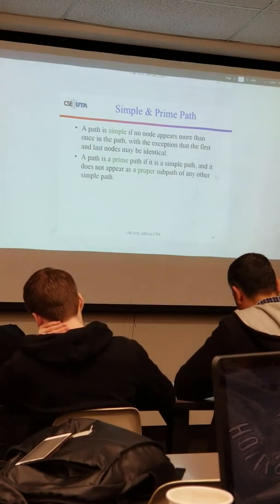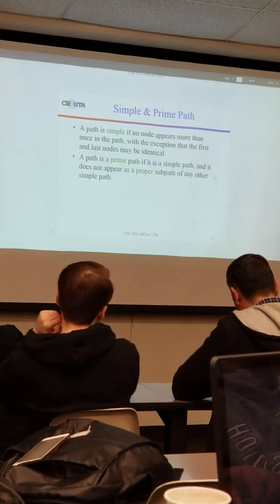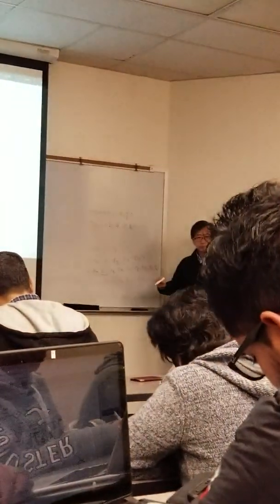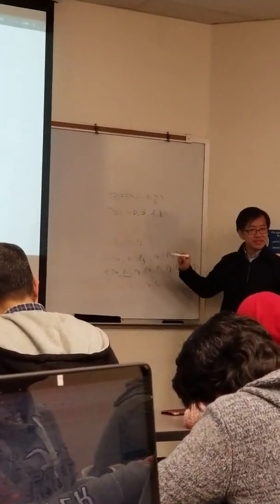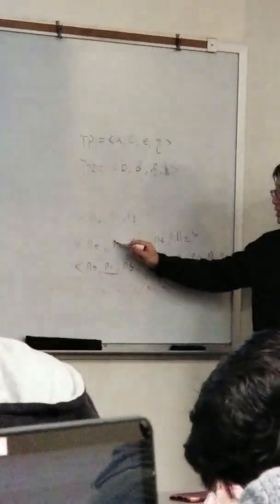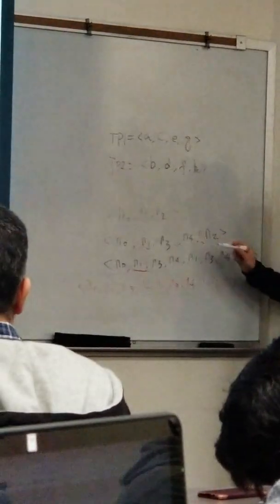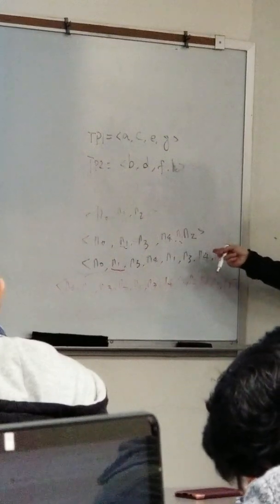If it's not, we use this as an example, right? If you look at this one, I guess this should be N1, right? This N1 over here. I'm going to use this example so that you can get a better understanding. This node appears twice in the path, right?